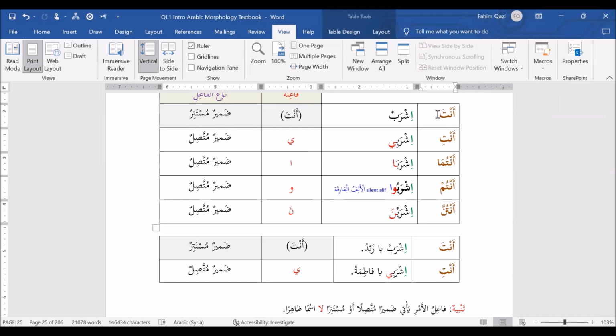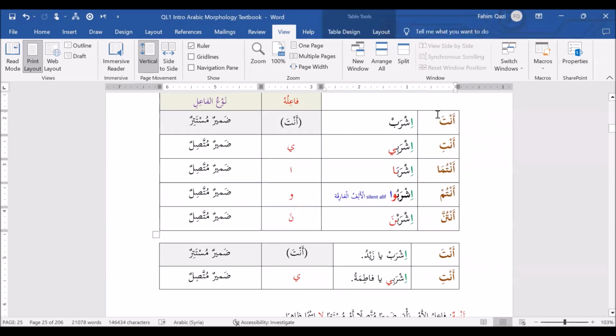Similarly, there's nothing for huwa, hiya, huma, hum, hunna. All we have is anta, anti, antuma, antum, antunna, the second person. Again, the commanding verb, fi'l amr, does not apply to third person pronouns like huwa, hiya, huma, hum, hunna. And it also does not apply to first person pronouns like ana and nahnu. It only works for these.